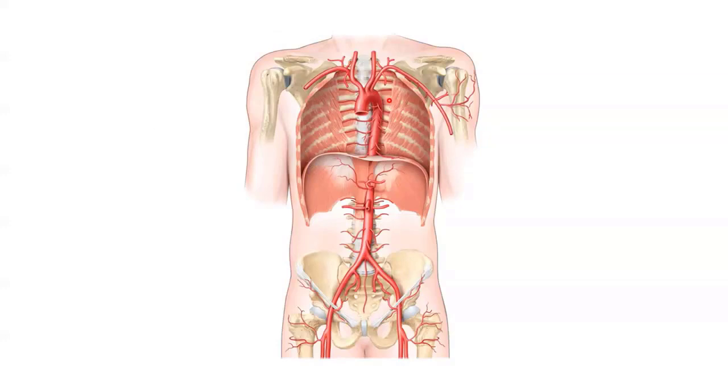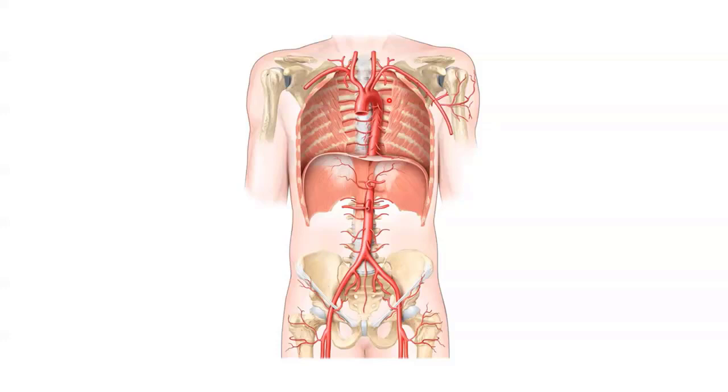Moving on to the blood vessels of the trunk, and as I mentioned earlier, all of the major vessels that enter and exit the heart are found in the trunk region. And if we begin with our arteries, which remember carry blood away from the heart, blood exits the left ventricle of the heart and moves into our aorta.